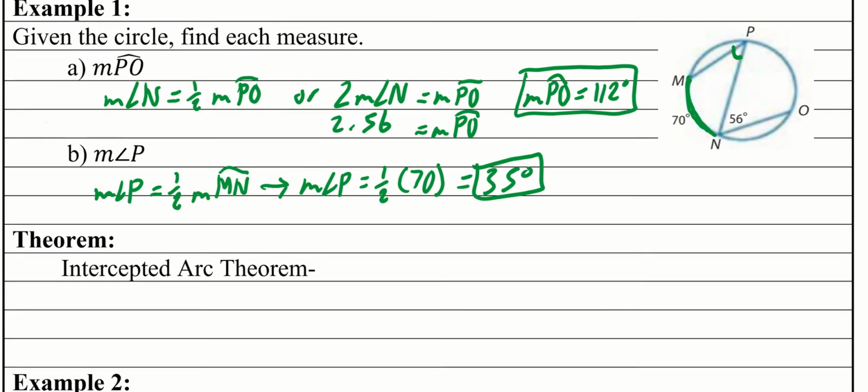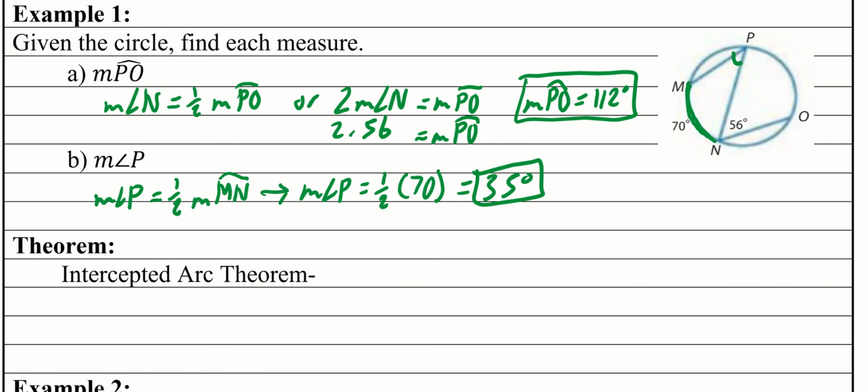And then we also have one other theorem that goes along with this, which is what we call the intersected arc theorem.